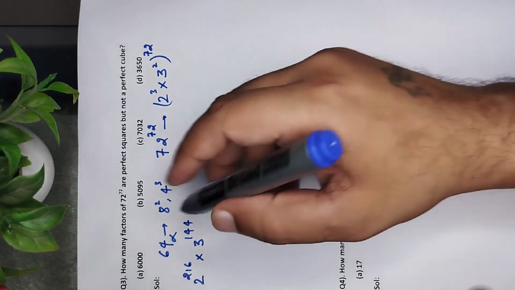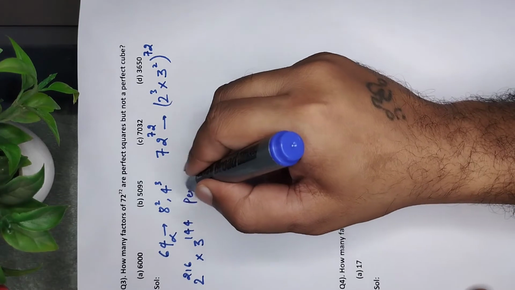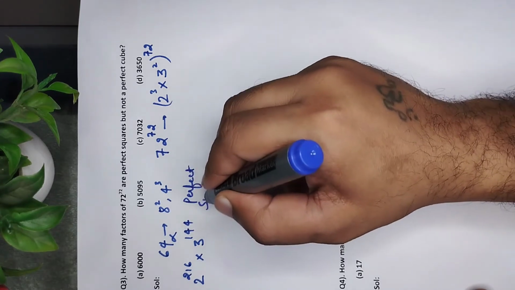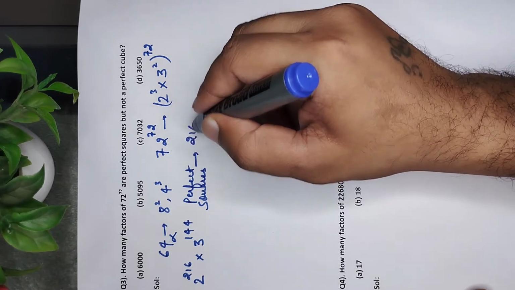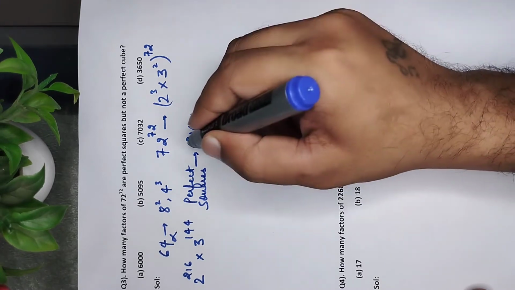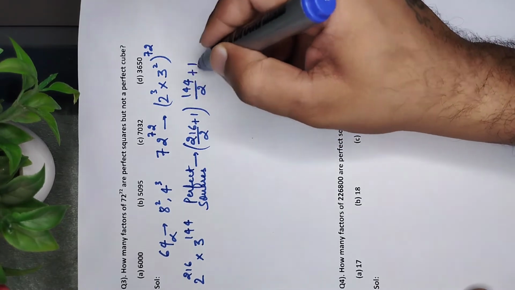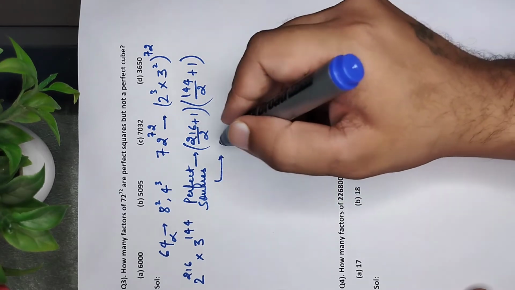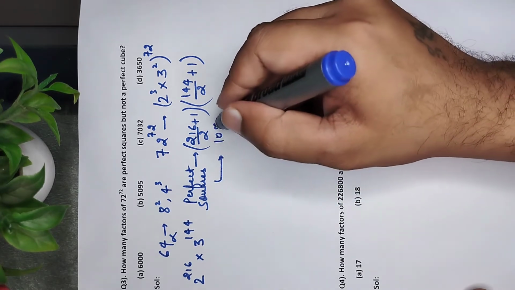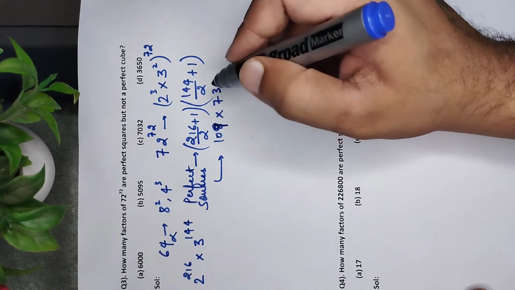Now while finding the perfect squares, again the way is simple. You just have to divide it by 2 and then simply add 1 in it. Dividing the powers by 2 and then adding 1. The number of perfect squares are 109 multiplied by 73.